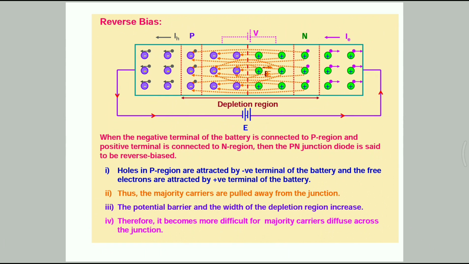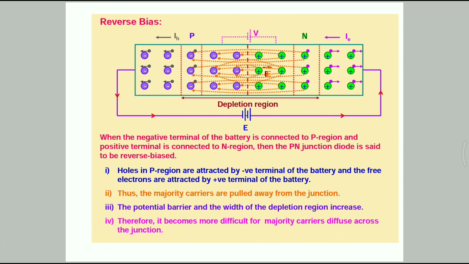Flow of current in reverse bias. In this situation, the reverse voltage supports the potential barrier, due to which both the potential barrier and the width of the depletion layer increase. Under the effect of the external electric field, holes in the P region and electrons in the N region are pushed away from the junction, that is, they cannot combine at the junction.